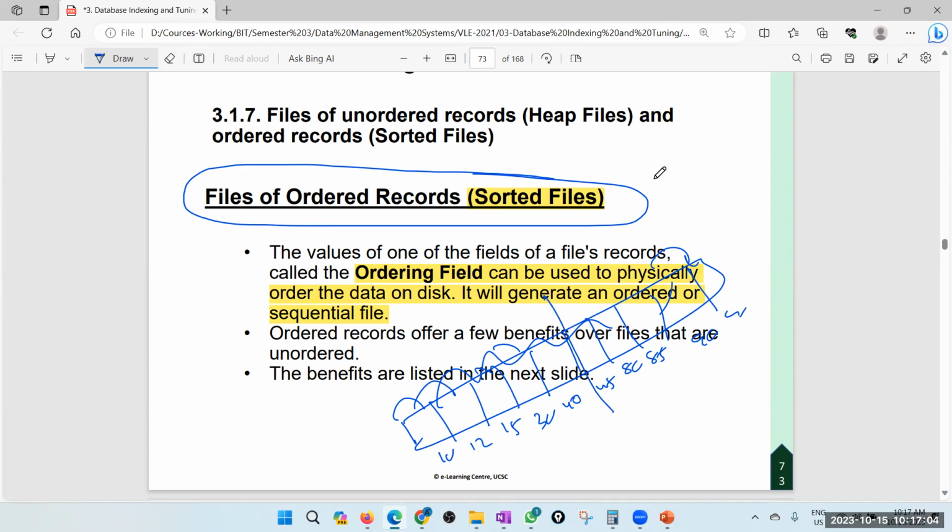Say you are looking for something like 30. You go to the middle and see which one that is. Maybe that is 45. Because it's sorted, you know that your data is in the first half, so you can forget about the second half. Then you go to the middle of that, and maybe it is 15. Now you are looking for 30, so 30 is bigger, and you know that your data is not in this part.